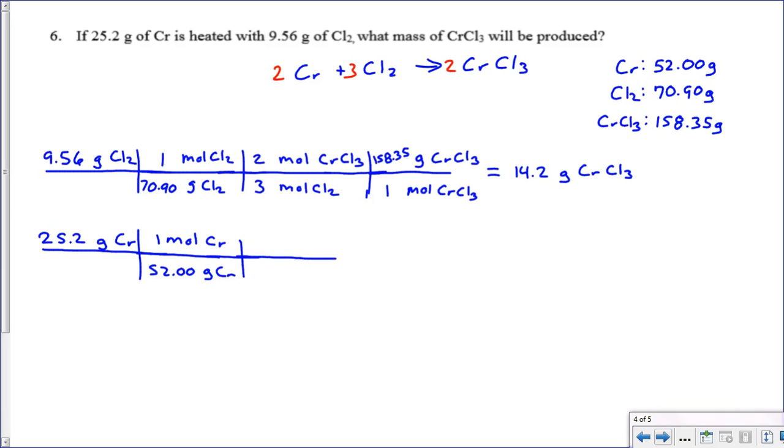And then we go from moles of chromium to moles of CrCl3. So there are 2 moles of chromium from the coefficients for every 2 moles of CrCl3. And then lastly, again, we go from moles of CrCl3 to mass of CrCl3, so 158.35 again.